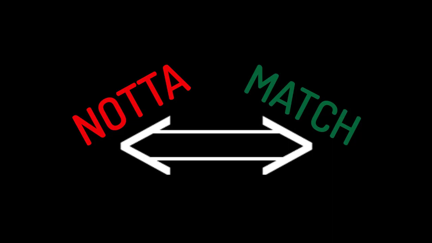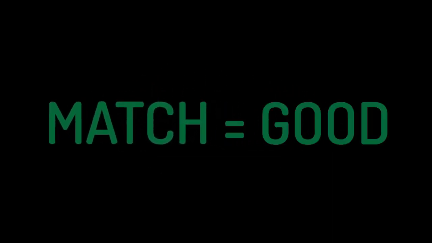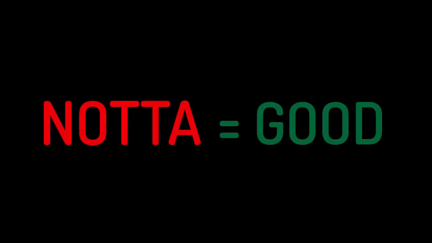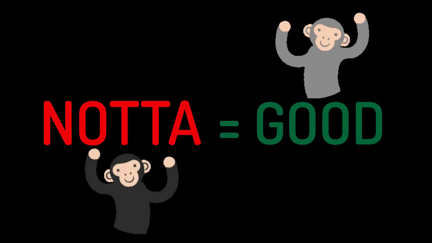Here's why. A match is good because it tells us that we have 2 sightings of the same chimp. This is helpful when studying behavior. A nada is good because it tells us we have 2 different chimps living wild, not one. This is helpful in estimating group population.